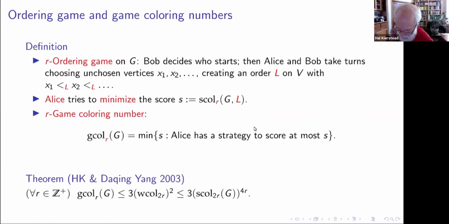Okay, and we bounded these game coloring numbers using weak coloring numbers. In fact, that's why we invented weak coloring numbers. And that gave us a bound using the strong coloring number.